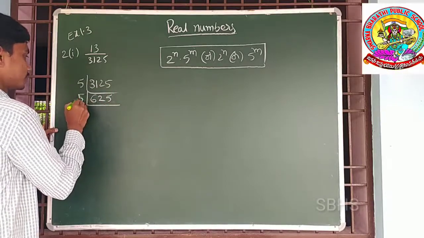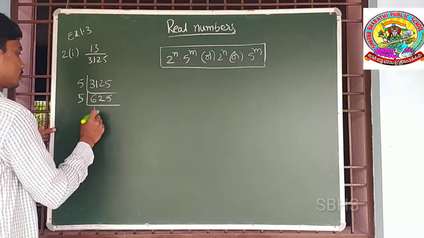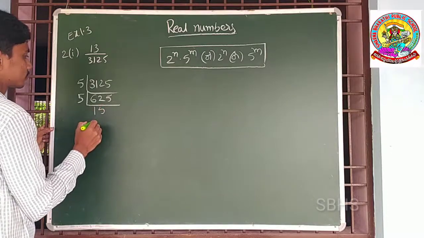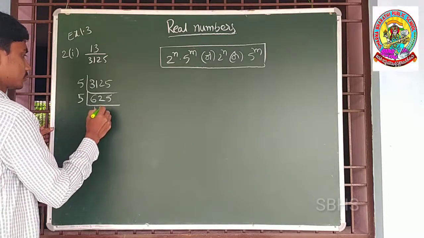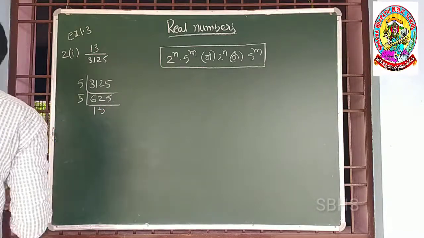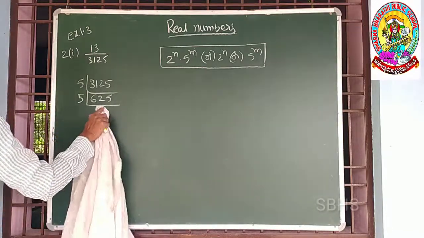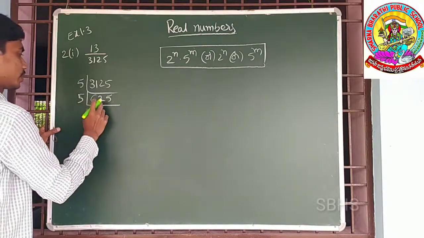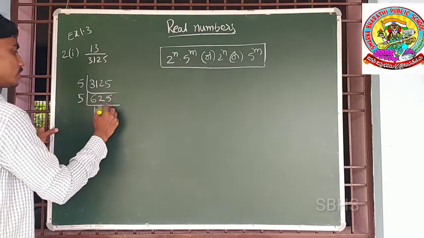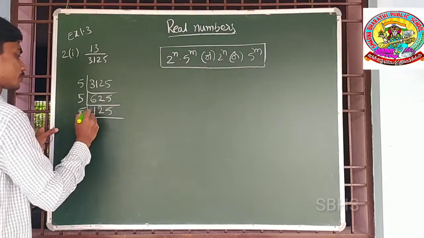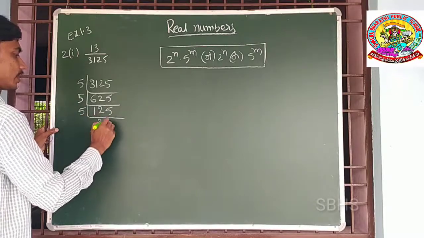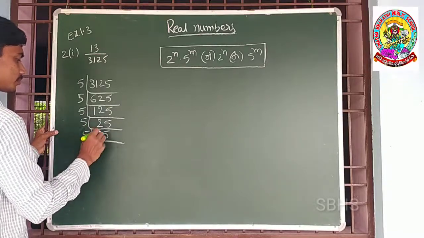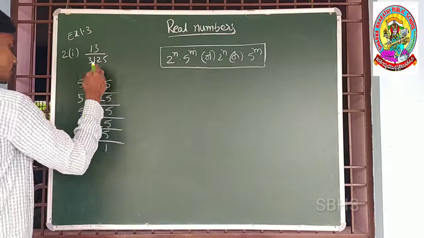Now with 5 again, 5 5s are 25, again divide by 5, 1 time 5. With 5, 5 times 5 is 25, again with 5, it is 1 time.